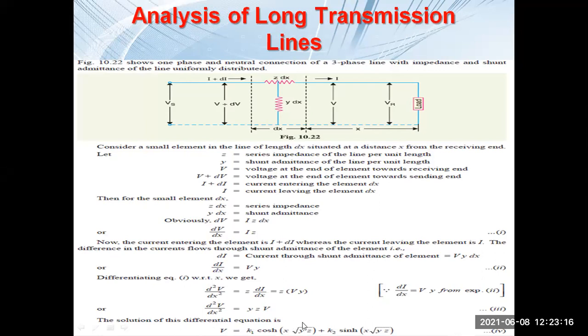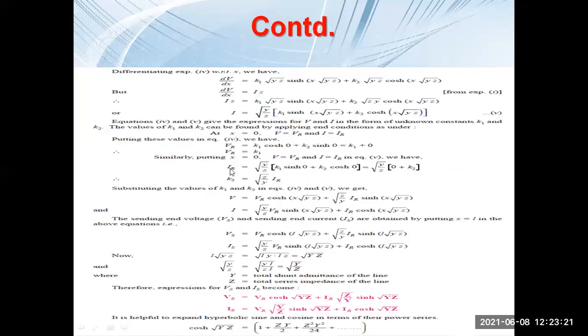Now if you substitute x equal to 0, V becomes VR, so VR equals K1 cos hyperbolic 0 plus K2 into sine hyperbolic 0. Cos hyperbolic 0 is 1, so that gives K1, but sine hyperbolic 0 is 0. So basically we are getting K1 equal to VR. Any doubt? K1 equal to VR?